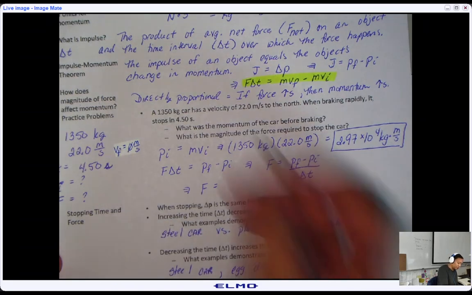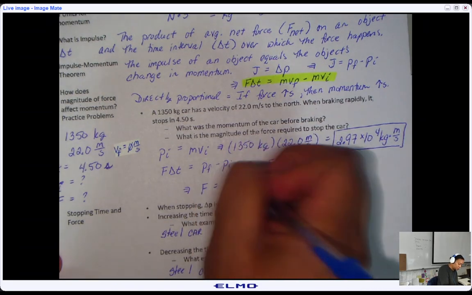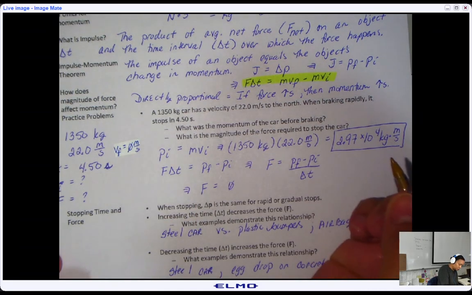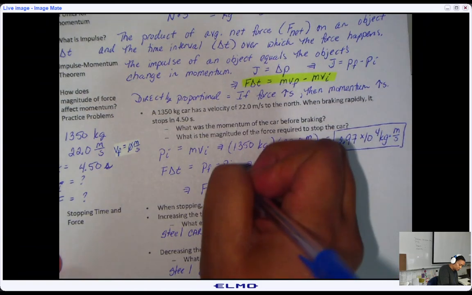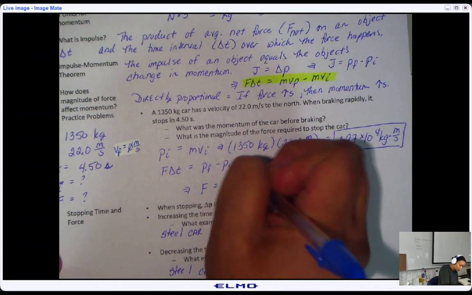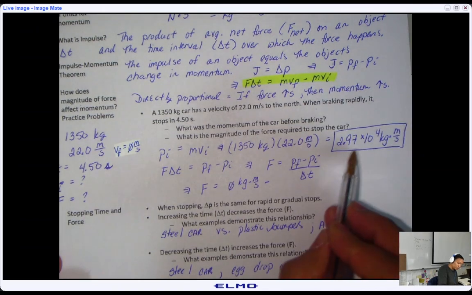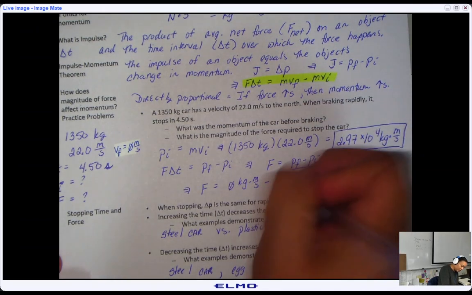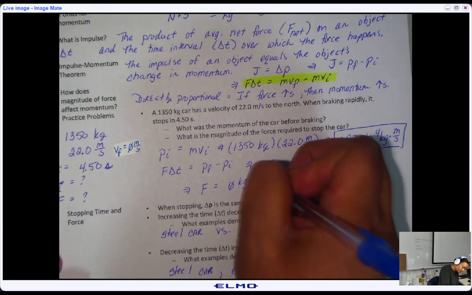So that's actually going to be 0. Minus your initial, which is the 2.97 times 10 to the 4th.